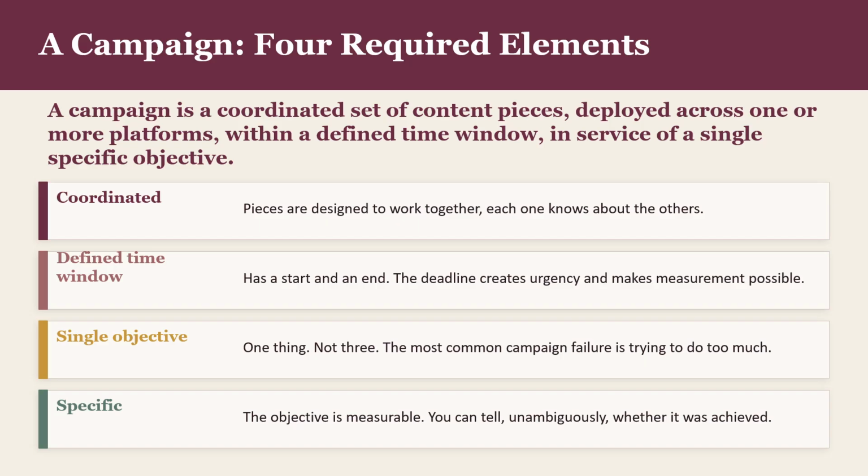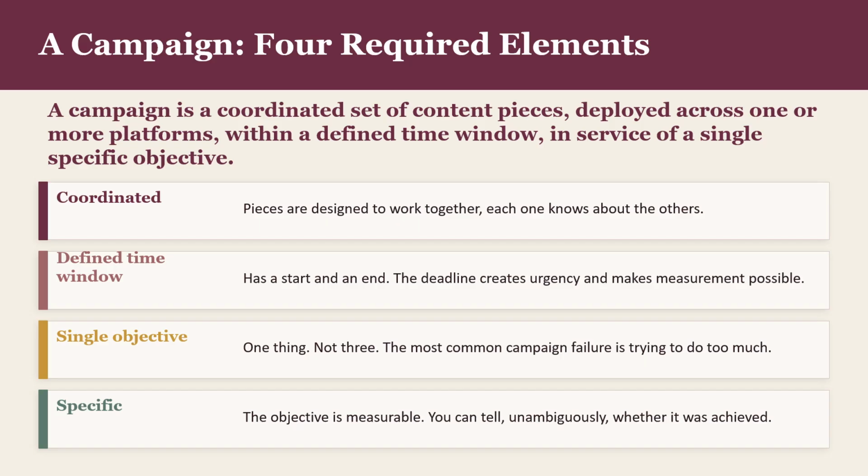A single objective. I cannot overstate how important this is. When an organization tries to use a campaign to build awareness and drive donations and recruit volunteers, what usually happens is they accomplish none of these things fully. The objective must be measurable, not raise awareness, not engage our community, but a specific behavior, a specific audience, a specific date with a specific outcome.